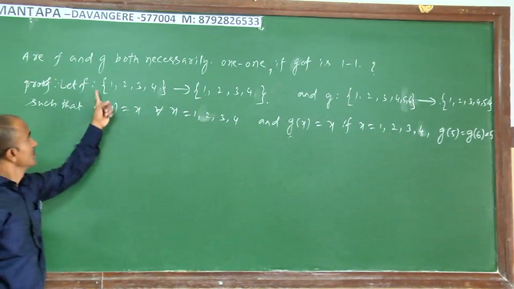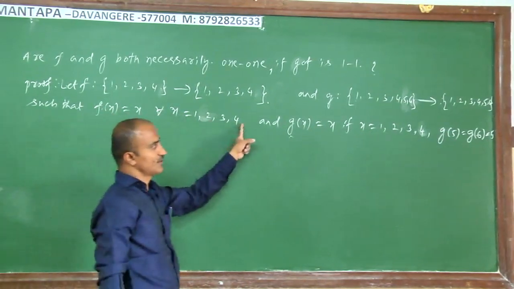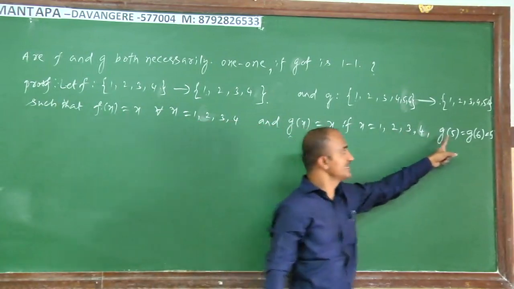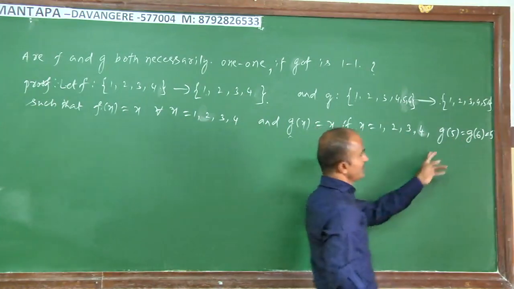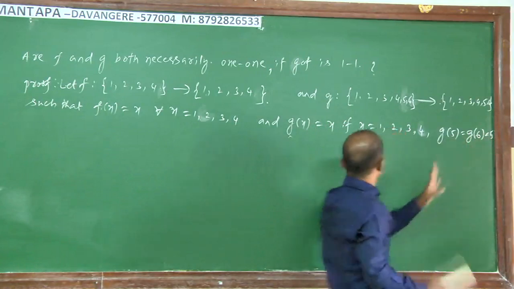Look at it. f of x is equal to x for all x equal to 1, 2, 3, 4 and g of x equals x if x equals 1, 2, 3, 4, where g of 5 equals g of 6 equals 5.